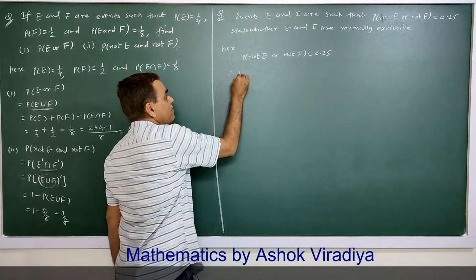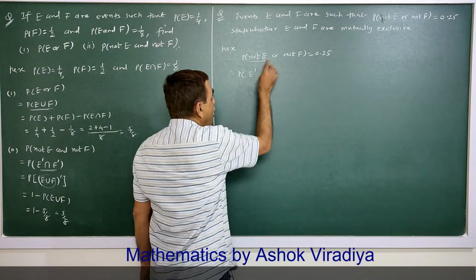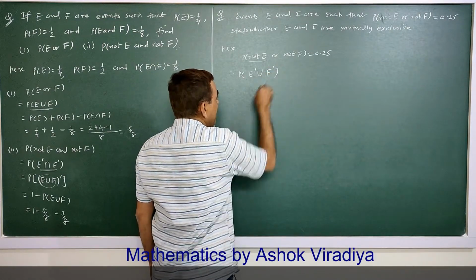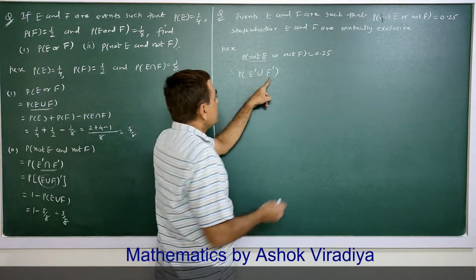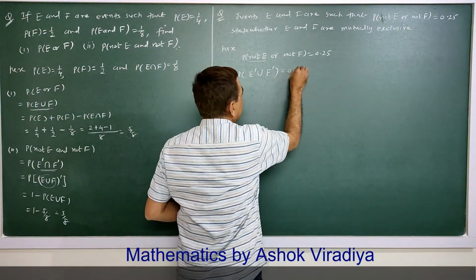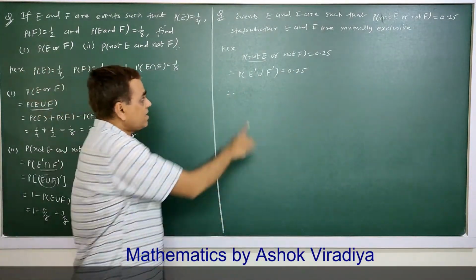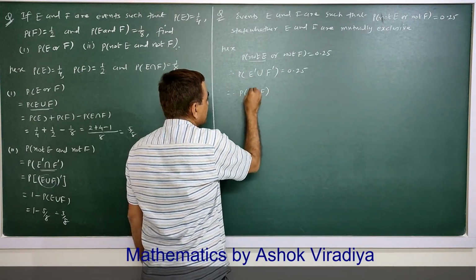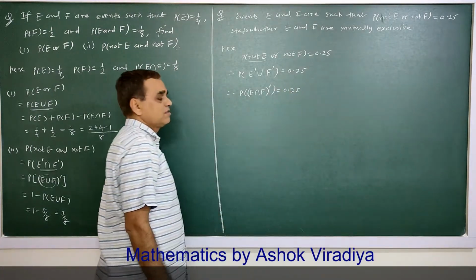So this means probability of not E, that is E dash, or, meaning union, not F, that is F dash, is 0.25. Now by De Morgan this can be expressed as E intersection F whole dash.